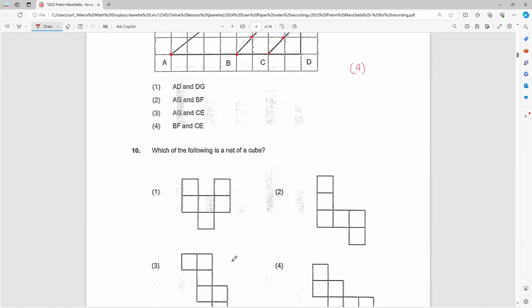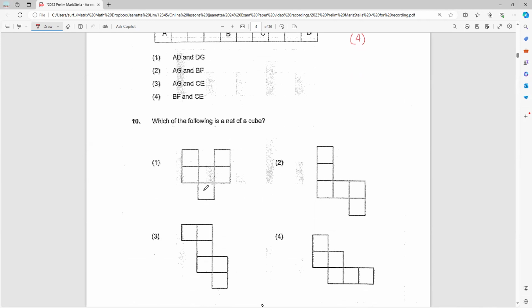Question 10, which of the following is a net of a cube? Let's look at each of them. A, let's say this is the top. And this is the side, this is the side, this is the side. Now, these two are actually sides. So no, there's no bottom.